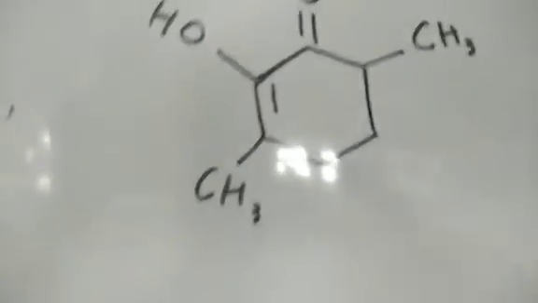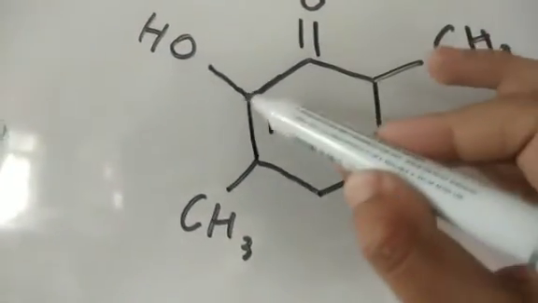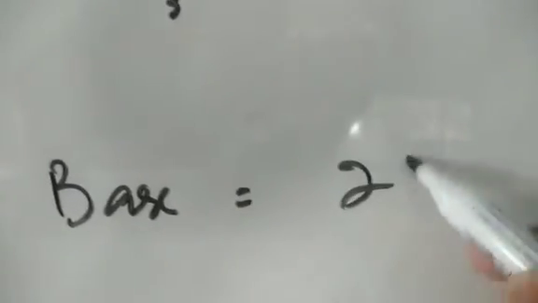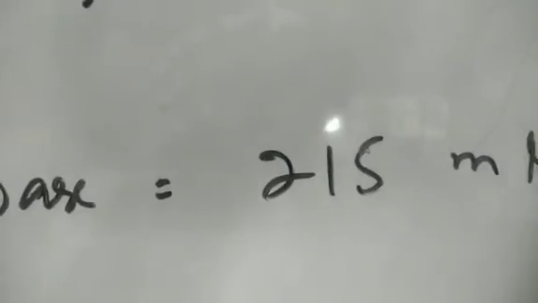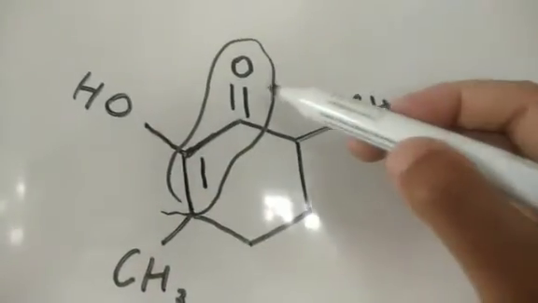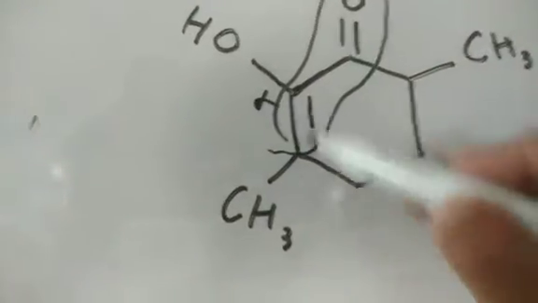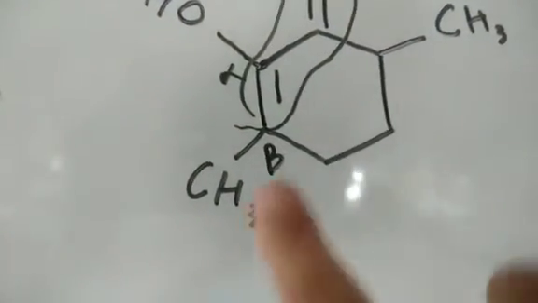We have to calculate the lambda max. So first of all, is alpha beta unsaturation present in this function? So the base becomes, and then we have alkyl substituents here. So the base becomes 215 millimicrons. Now, are there substituents on this? This is your alpha position. This is beta. So we have an alkyl group at the beta position. So an alkyl group at the beta position, we said, is equal to 12.